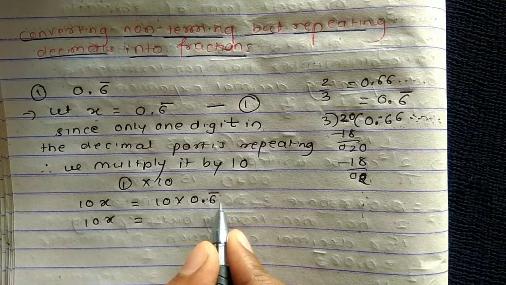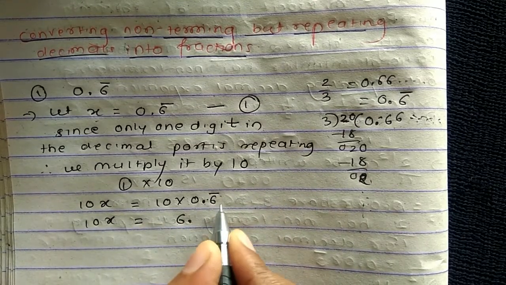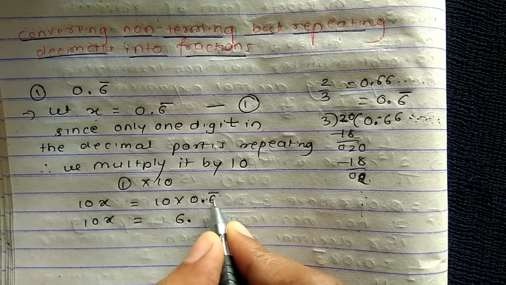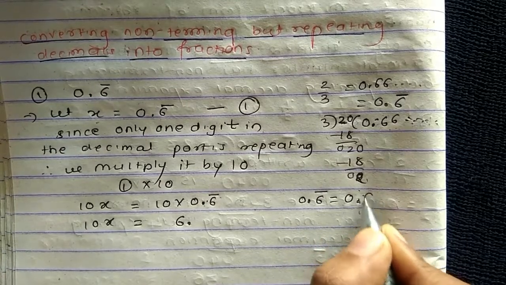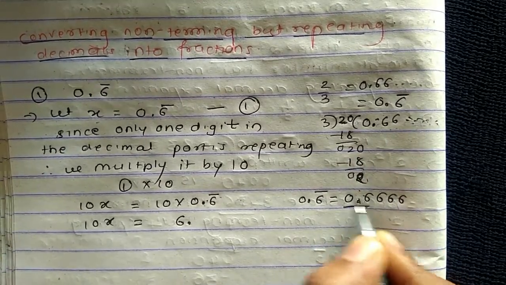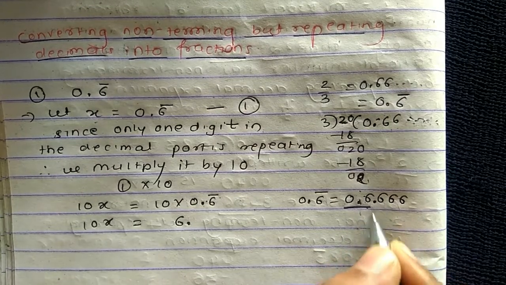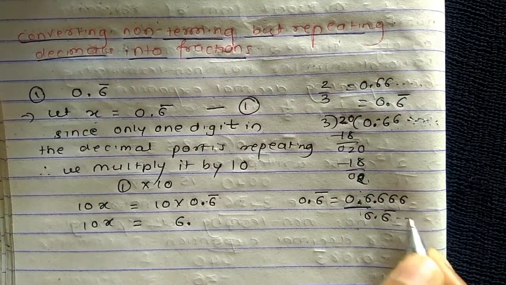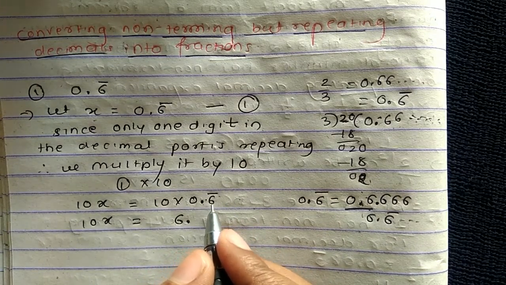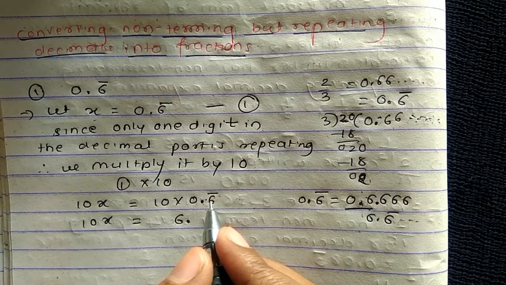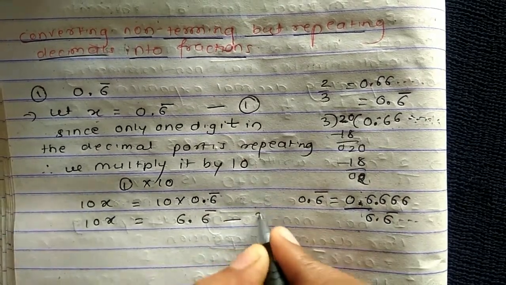So here it will shift one place. 0.6 bar is nothing but 0.666 and so on, so when we shift the point we get 6.6 bar. That is 0.6 bar into 10 equals 6.6 bar. Now I'll name this as equation 2.